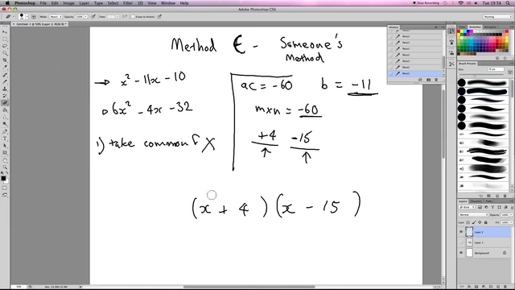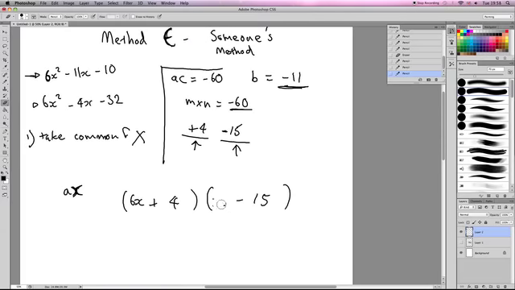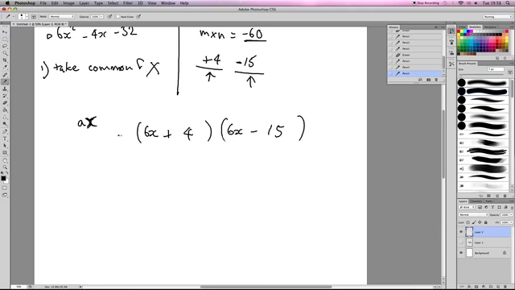With method E though, instead of writing x there, you're going to write ax. A in this case was the 6 right there. So instead of writing x there, I'm going to write 6x. Likewise over here, instead of x, I'm going to write 6x. And you're left with these two brackets that don't look anything like the answer yet.